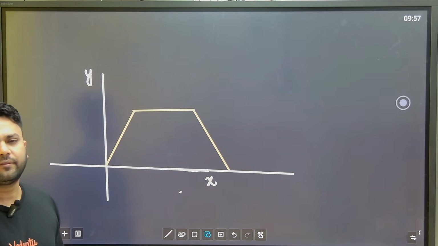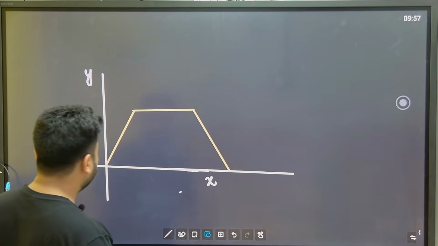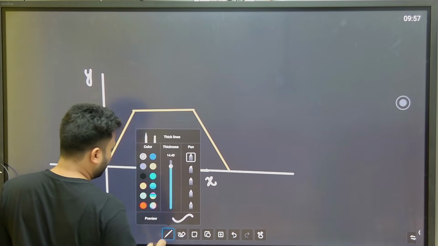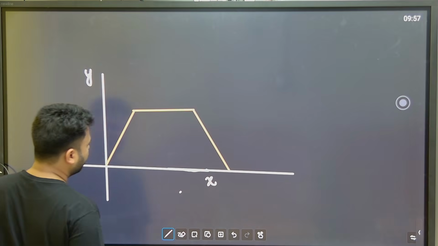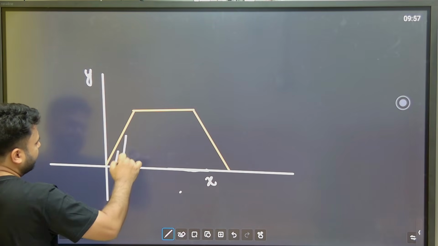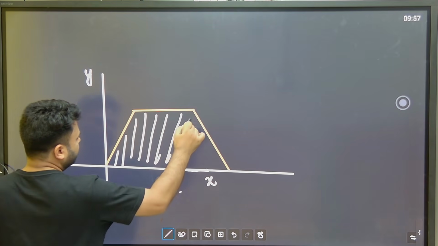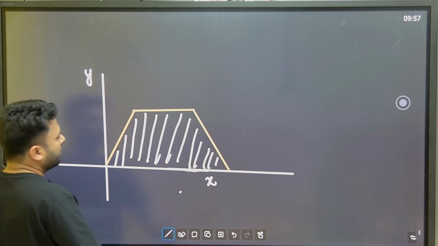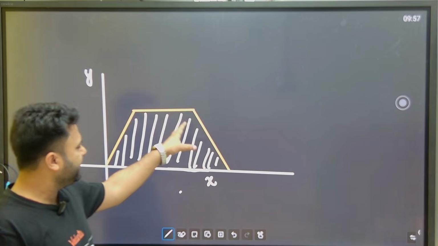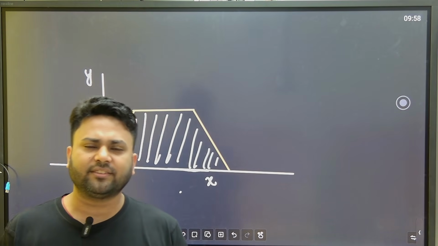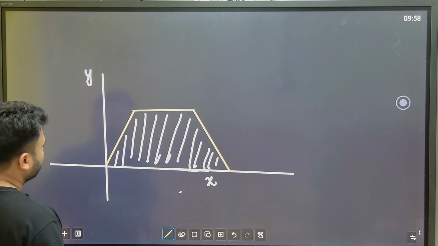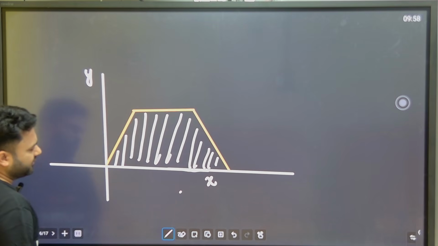If I ask what is the area under the graph? So area under the graph means you will be concerned with this area. Now this figure is little bit familiar. You know what is this? This is a trapezium.